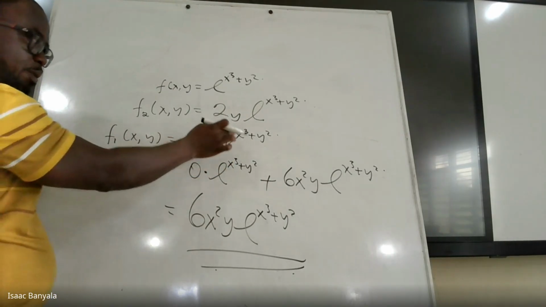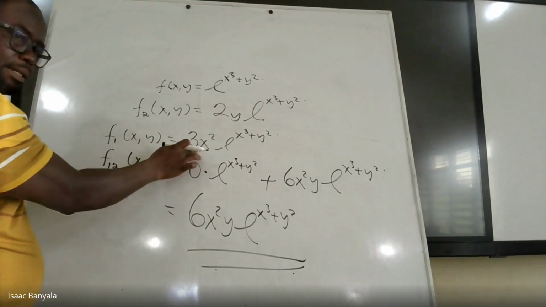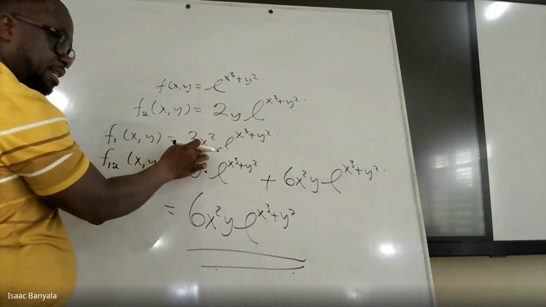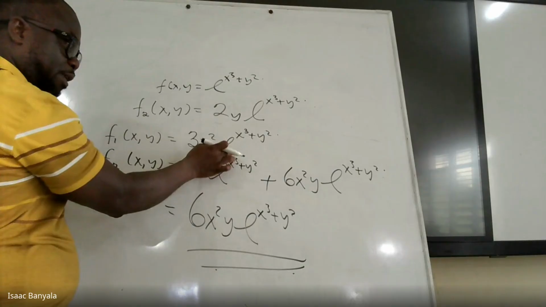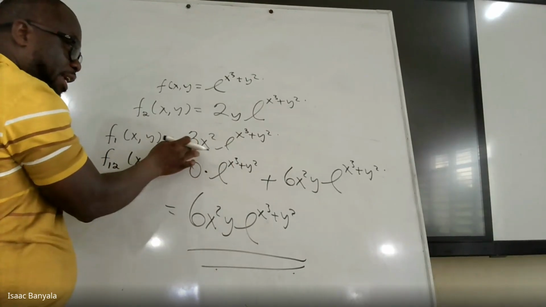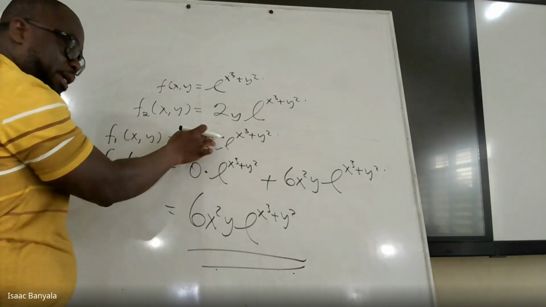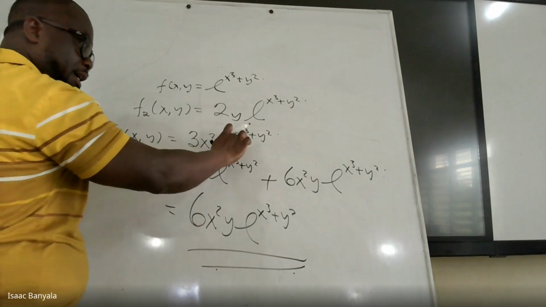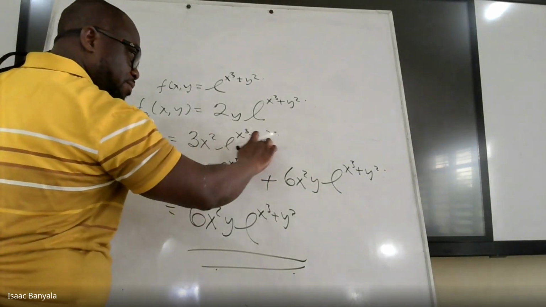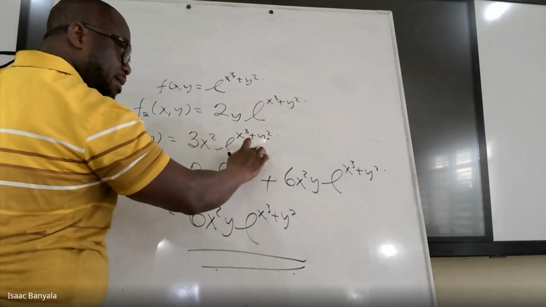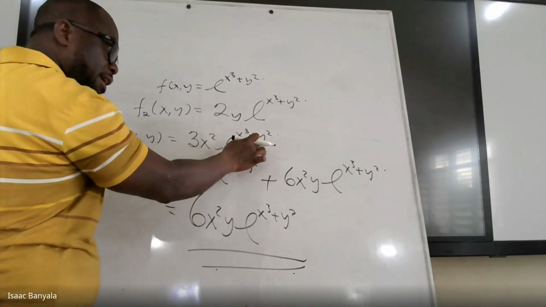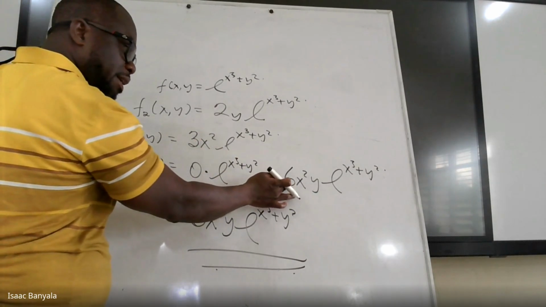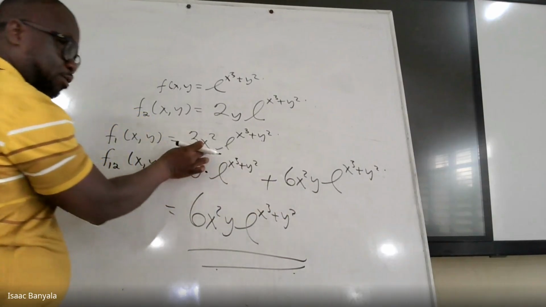This time we differentiate this and keep that. If you differentiate this with respect to y, it gives us 2y. That 2y will multiply whatever is here to give us 6x squared y. That's what we have.